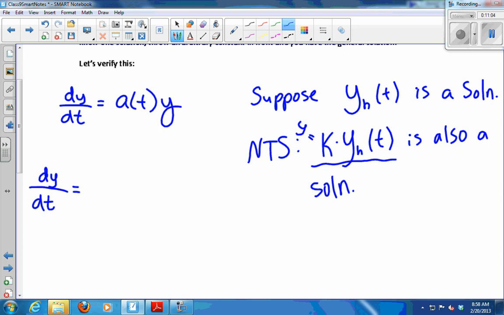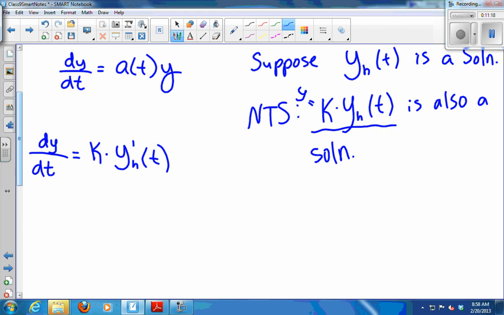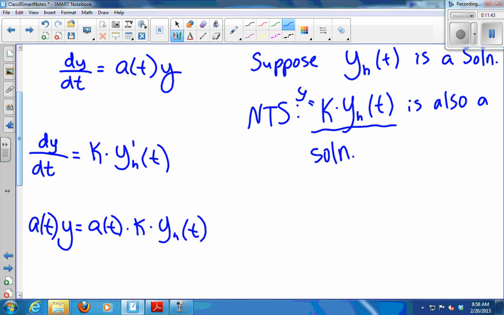Times k, right? The constant, the coefficient comes along. So this is going to be k times y sub h prime of t. And then A of t times y. Well, A of t is just a function in t, and I don't know what it is. It's arbitrary. So I'm going to have A of t times y, which is k times y sub h of t.